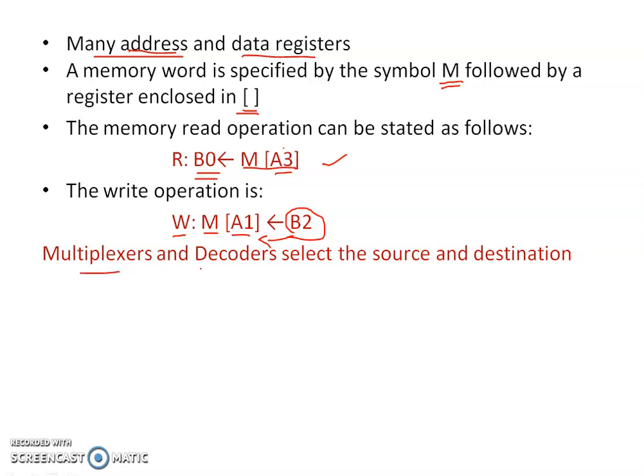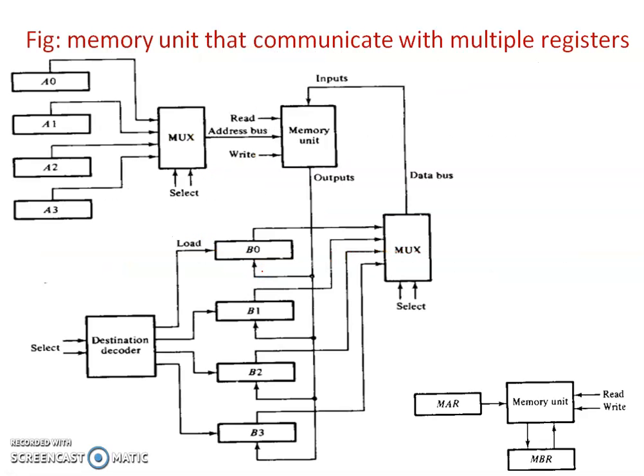Here also, multiplexers and decoders are used in order to select the source and destination. It is equivalent to the previous case. The only difference is that we are making use of an extra module, the memory unit, and read and write signals will be enabled.